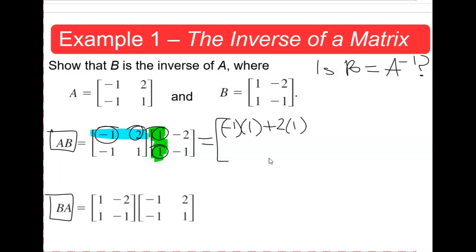Then we move on to first row and second column. So this will be -1 times -2, plus 2 times -1.